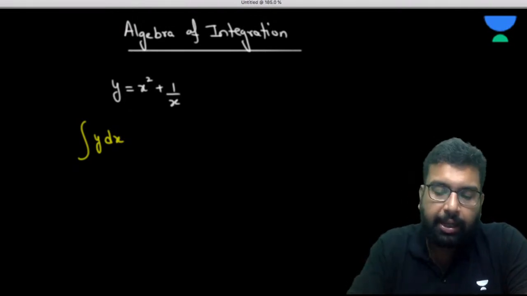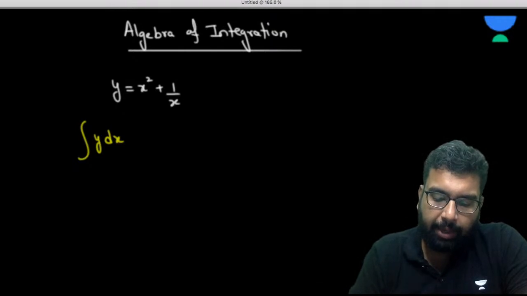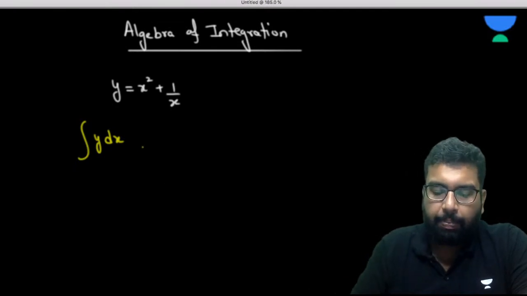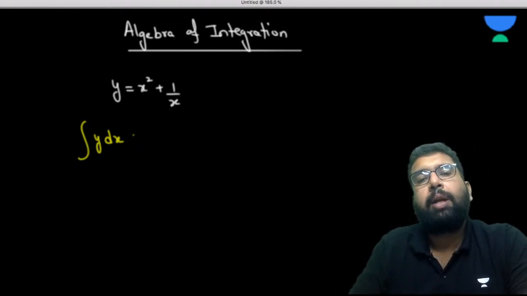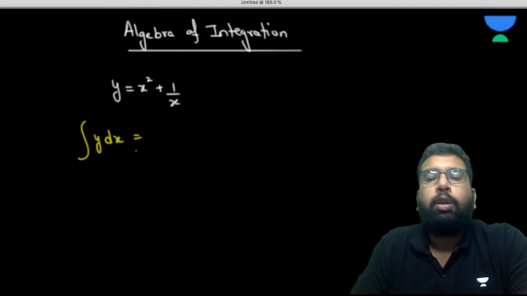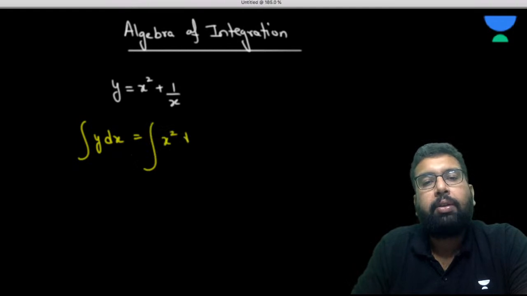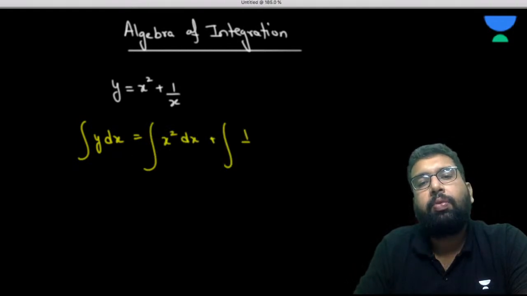When I am integrating it with respect to x, what is going to happen? Sir, I can take this integration sign within each term of it, like the same as differentiation. So I'll write it like this: integration x squared dx plus integration of 1 by x dx.